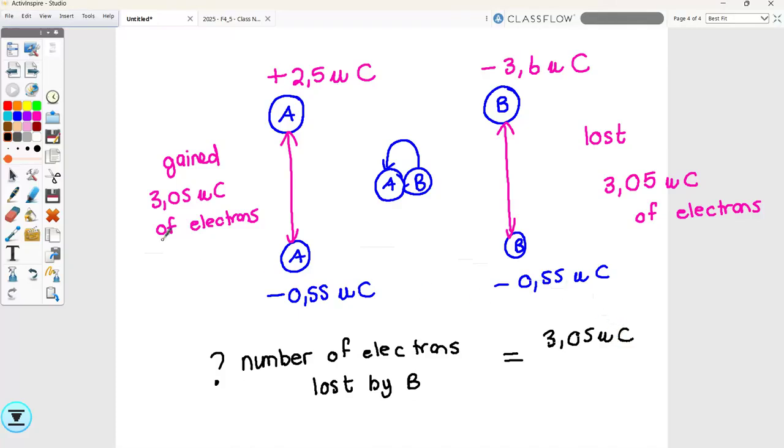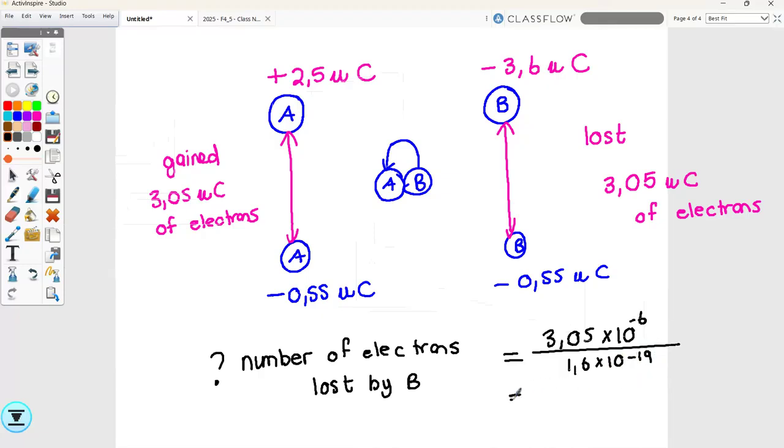Nice, you find that on your information sheet. But now I'm going to actually work with coulombs, so can I still leave it as microcoulombs? When I work with the value, I now have to say times 10 to the minus 6. And then you're going to divide it by the charge on one electron, so 1,6 times 10 to the minus 19.